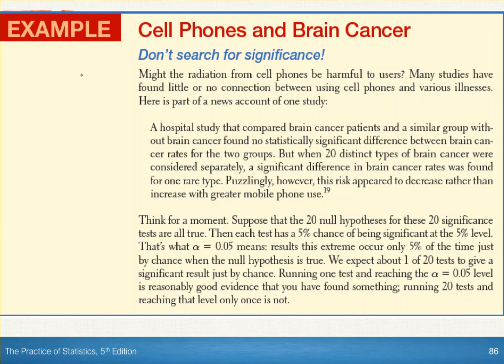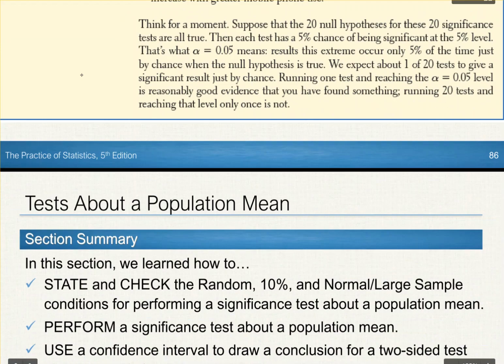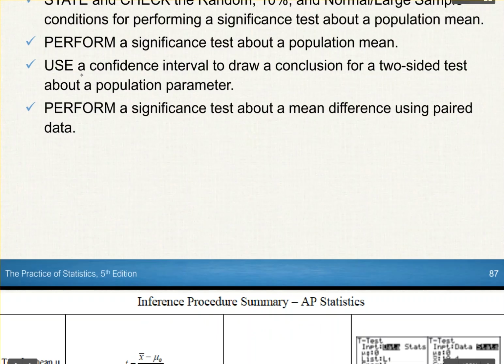But running 20 tests and reaching that level once is not, even if the things we were studying were completely unrelated. If we did 20 different tests on that, we would expect one of them, just by random chance, to show some significance. So you would have to have a much smaller alpha to say you have found something if you're doing multiple tests like that. And that concludes this chapter.